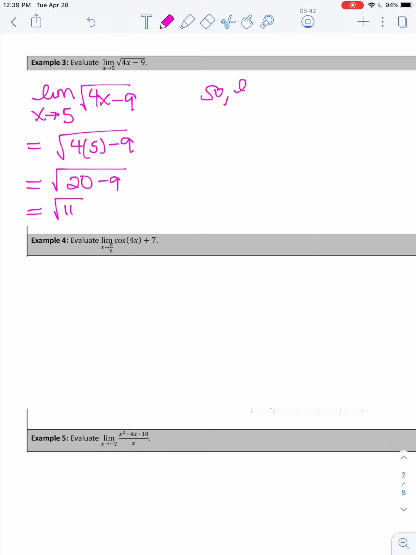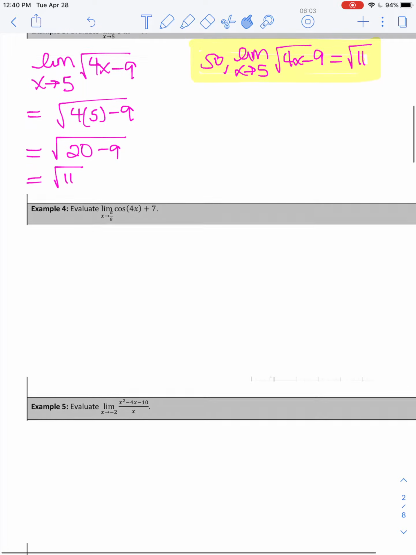This tells us that the limit as x approaches 5 of the square root of 4x minus 9 is equal to the square root of 11. And again, you guys are welcome to check out how that matches with the graph that is provided for you on the guided notes.